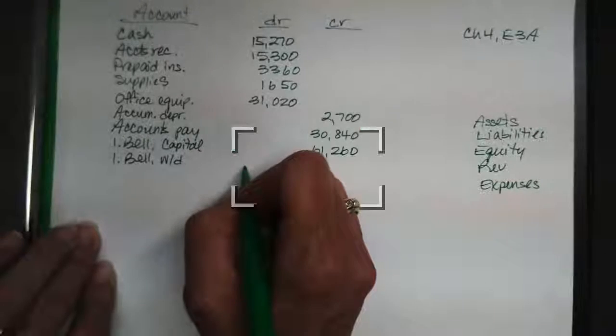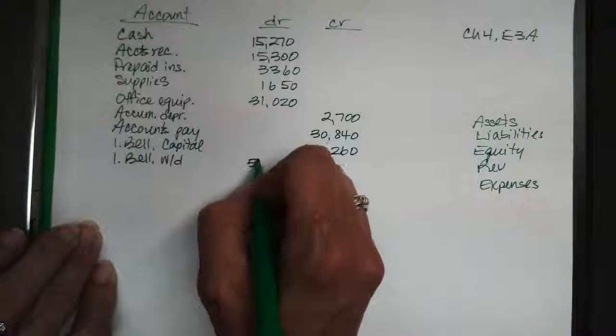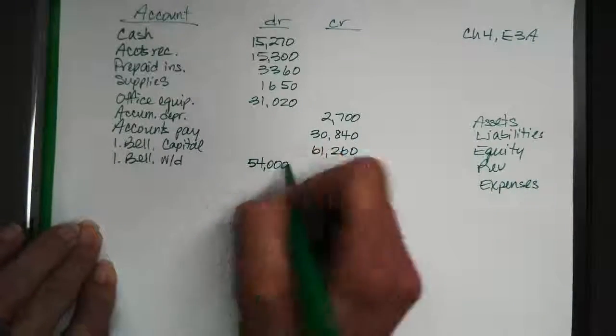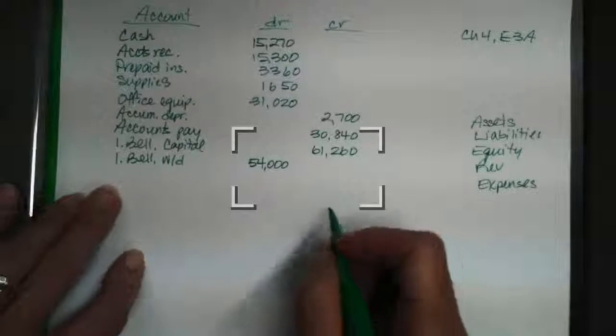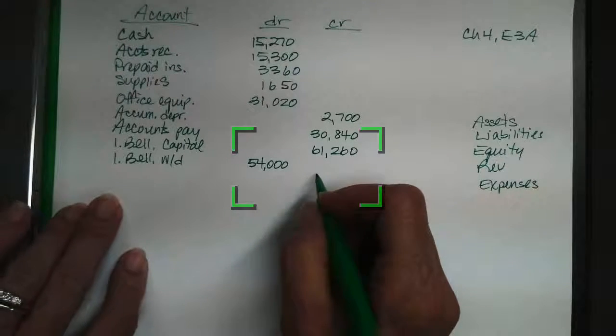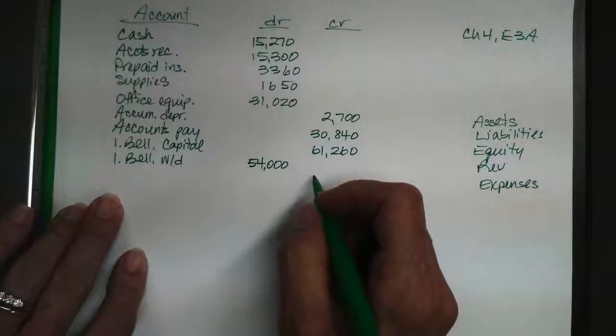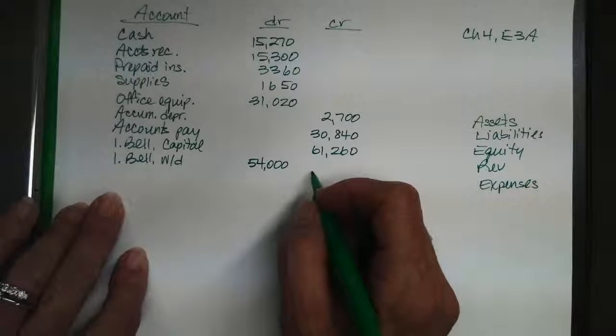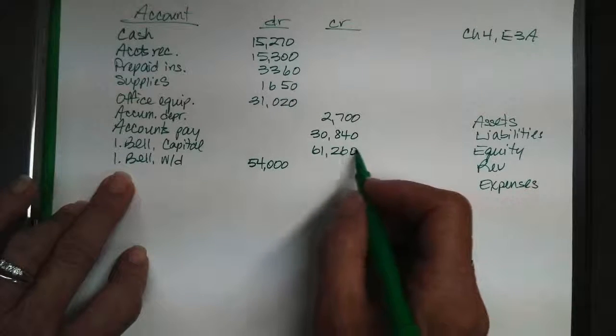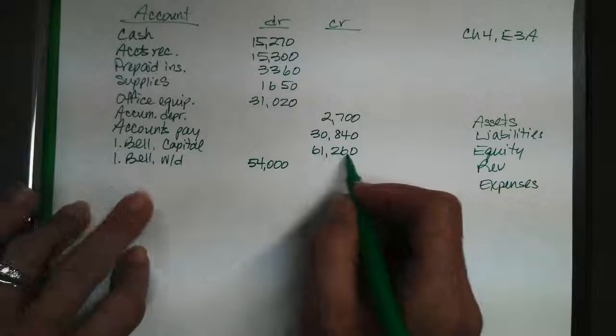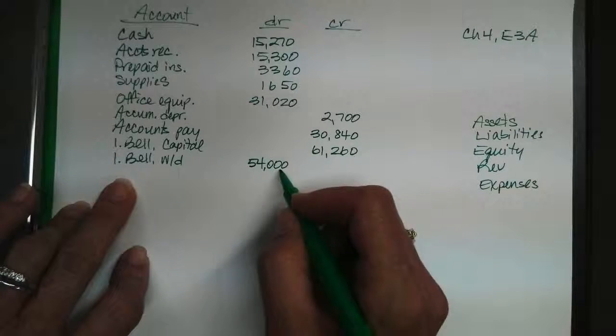Notice that withdrawals, don't forget, they have a debit balance. They are against your capital. You're pulling your capital out of the company when you write yourself checks. Okay? That's it for equity.